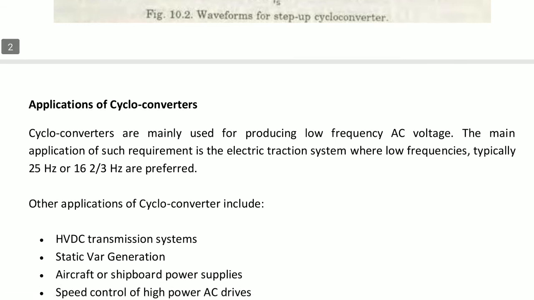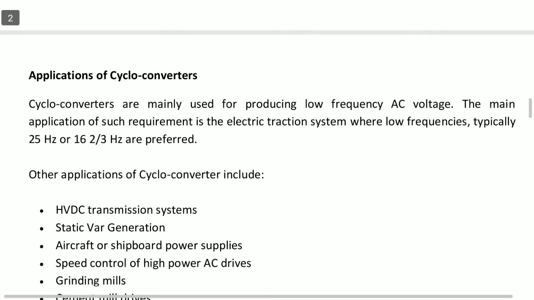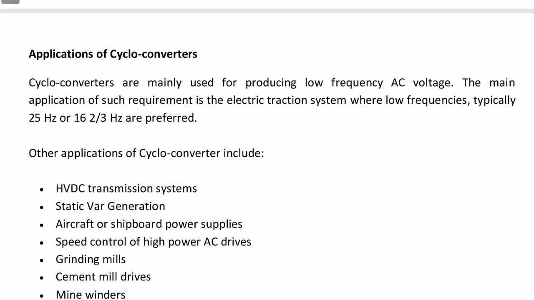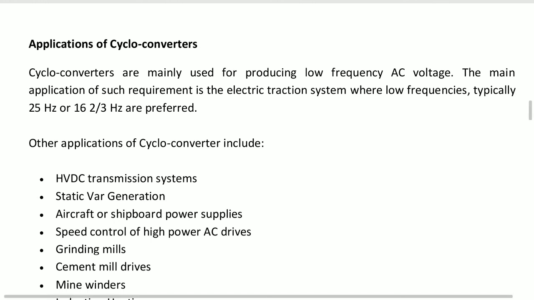The main application of such a requirement is the electric traction system, where low frequency, typically 25 Hz or 16 2/3 Hz, is preferred. These are applications for the step down cycloconverter. We will also discuss this application in the next video regarding step down cycloconverters.